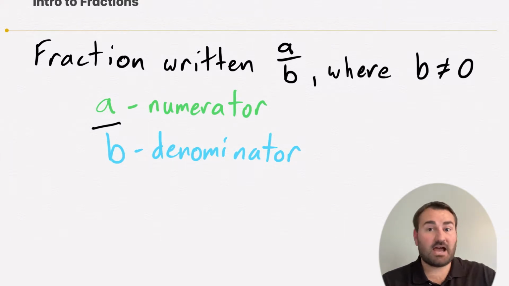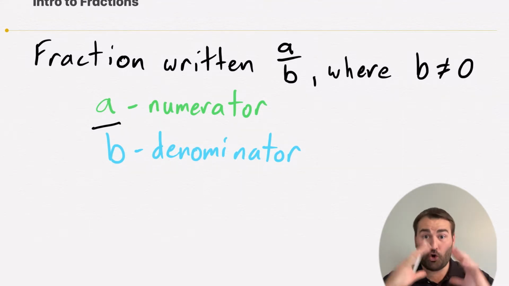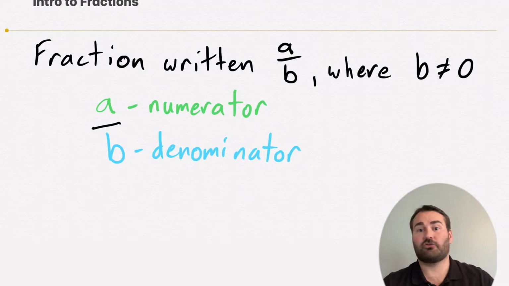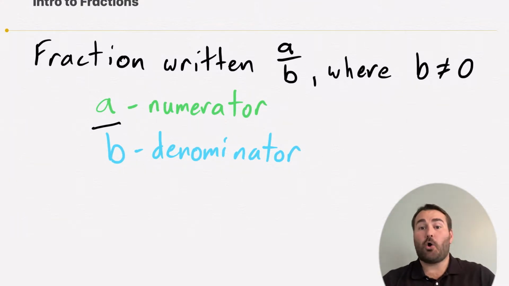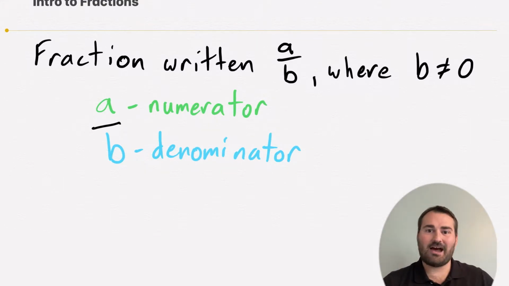Why b cannot equal 0 is because a fraction is a part of a whole. So a whole being an entire object, whether it's a circle, square, rectangle, triangle, anything. A whole is an object. Well, when you look at it, you can't have a part of nothing, and 0 represents nothing. So when we get to that situation where in the denominator that b is 0, it's undefined because simply you can't take a part of something that isn't there.